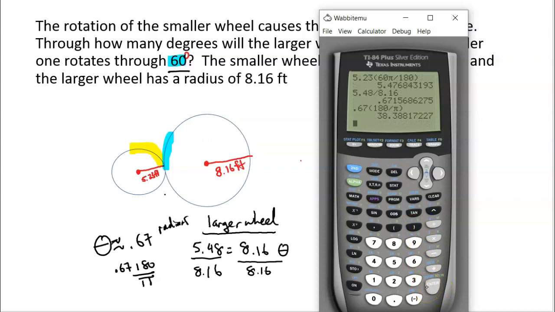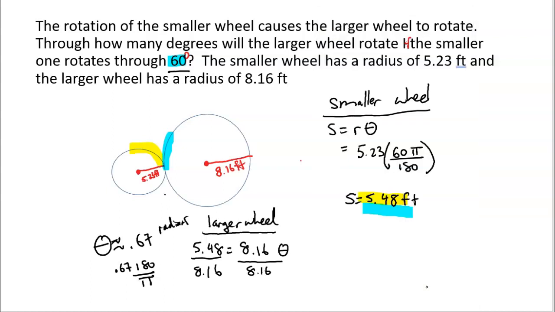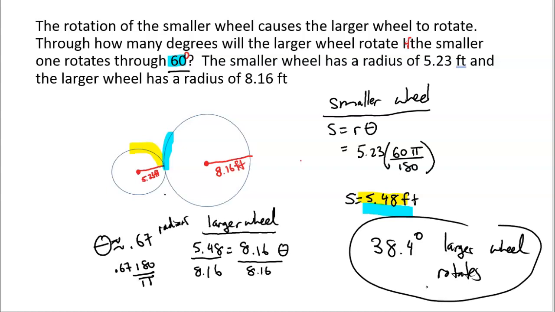It gives you roughly about 38.38. I'm going to round it to about 38.4 degrees. So to answer the question, 38.4 degrees. This is what the larger wheel rotates. And that makes sense. It is a smaller degree than the other wheel.